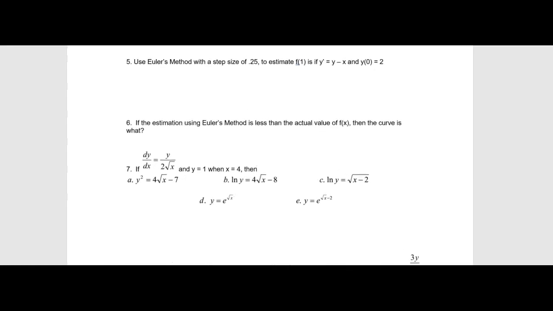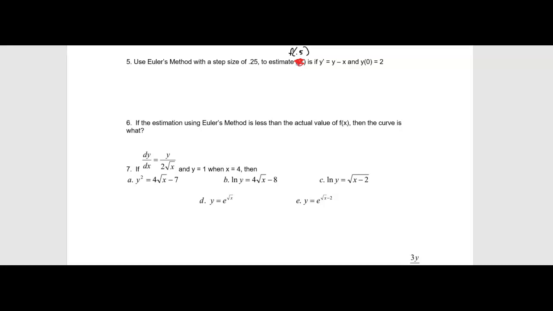Number 5, using Euler's method with a step size of 0.25, estimate f of 1. Given these conditions, we're going to change this again. There's no way they're going to have you do this free response wise, especially on a short test, you would never finish. So let's again just do f of 0.5.